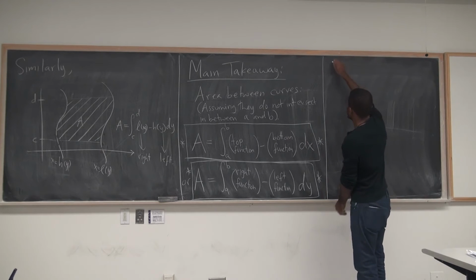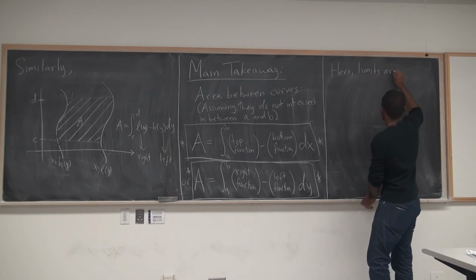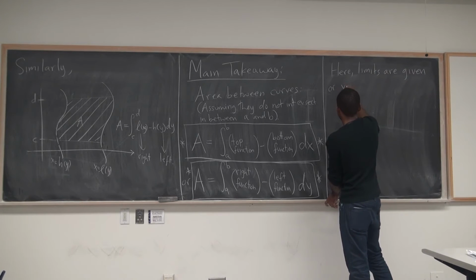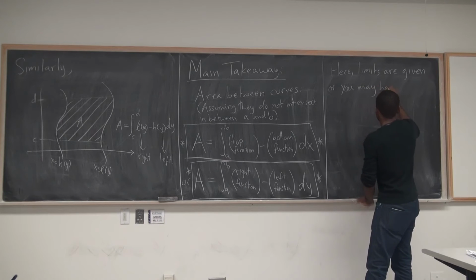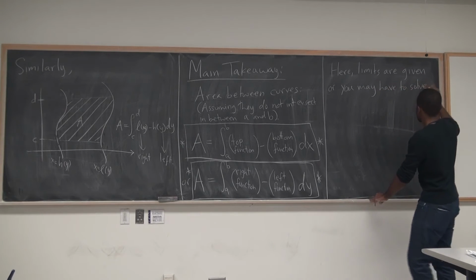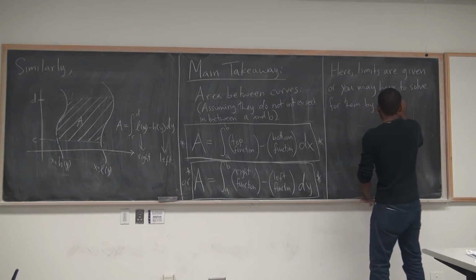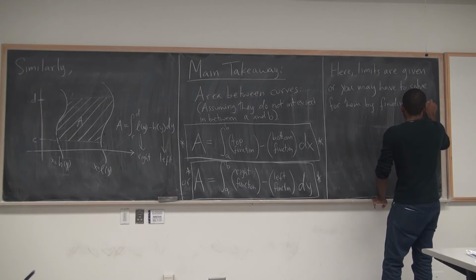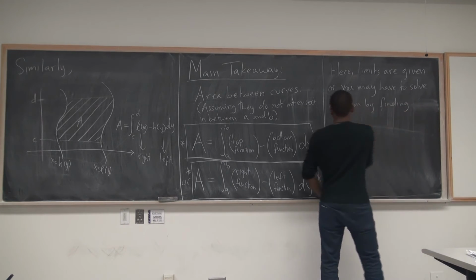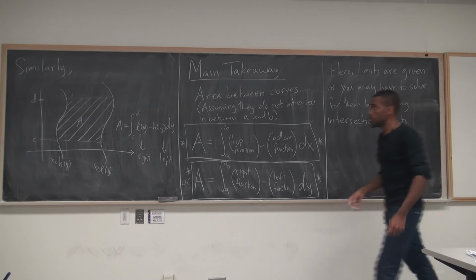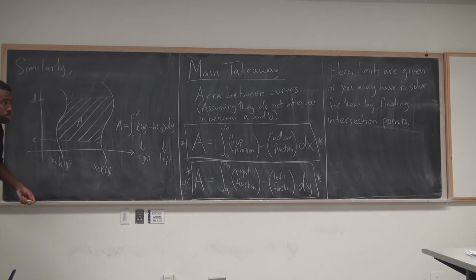So here, limits are given, or you may have to solve for them by finding intersection points. So let me draw a few more illustrations so you get the idea, and then we'll jump into some examples.